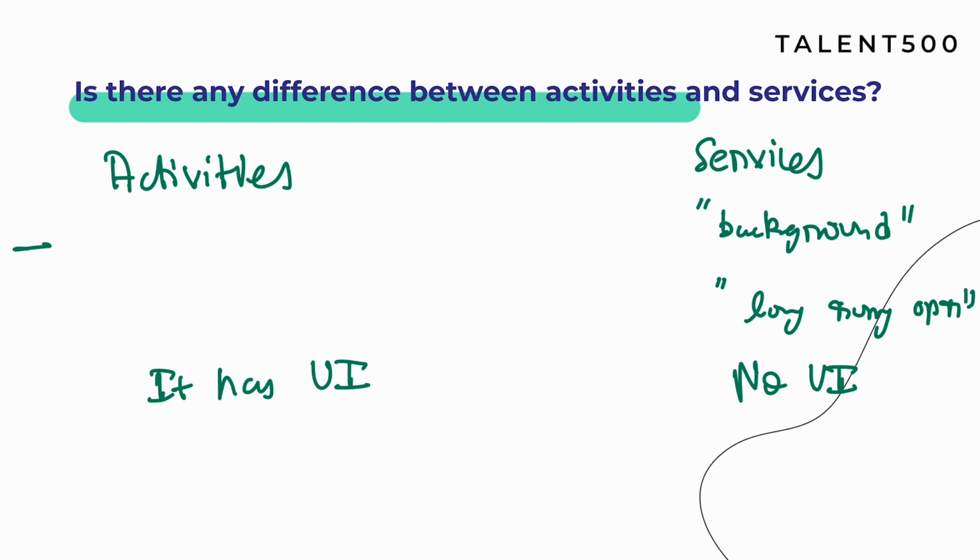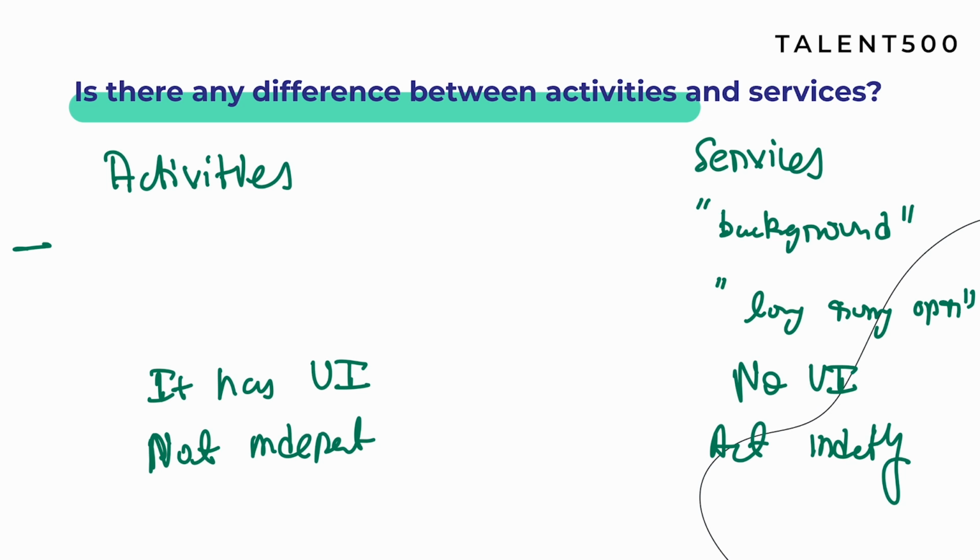And another component, like the activity, can start the service and let it run or bind to it in order to interact with it. The service does not act independently. The activity can act independently, and it is not designed to run behind the scenes.